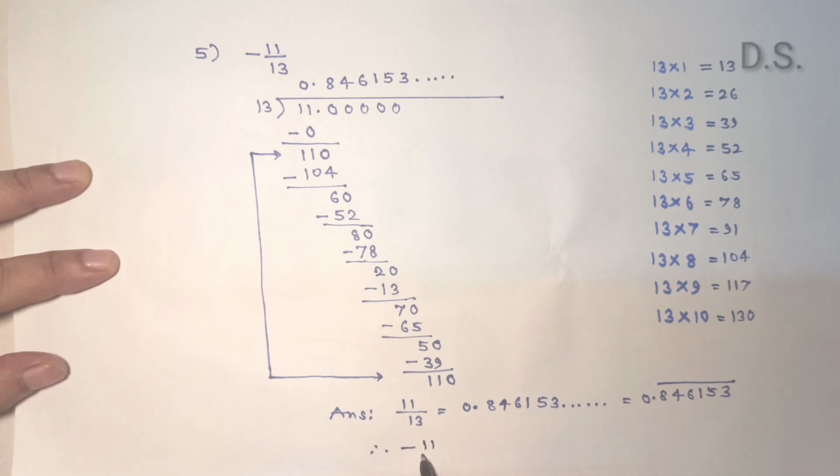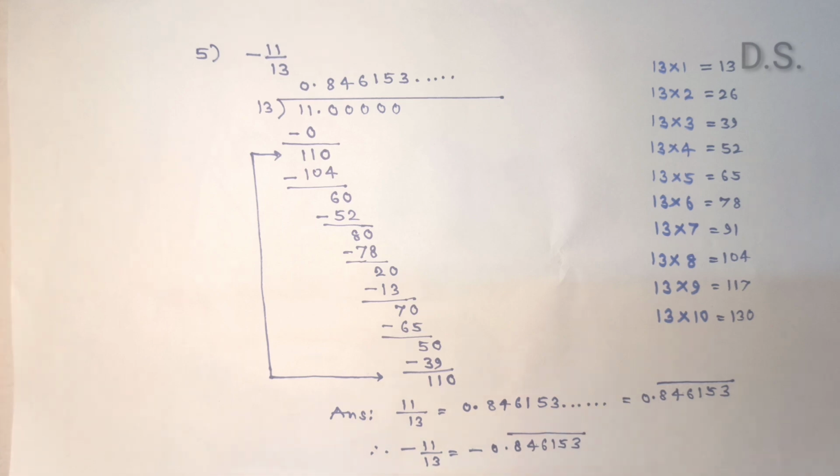Therefore, minus of 11 upon 13 is minus 0.846153 bar. That's all. That completes your exercise 1.3, problem set 1.3.